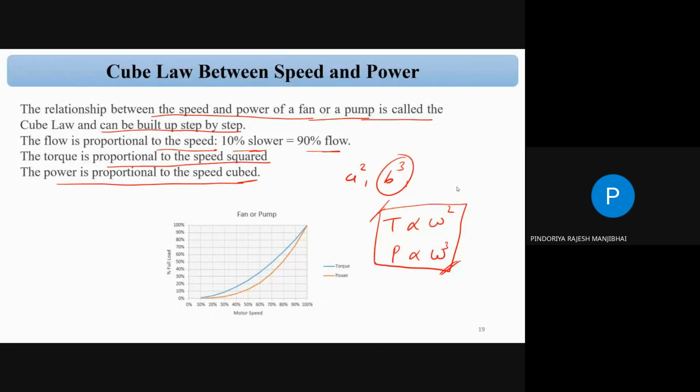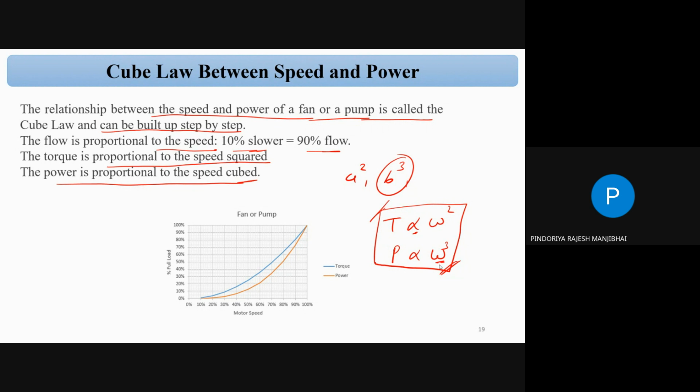I worked out on that and I got this answer. So there is a cube, that is the speed and power relation. So now the final correct statement is that torque is directly proportional to the square of the speed and power is directly proportional to the cube of the speed. Correct. So this is the final answer.